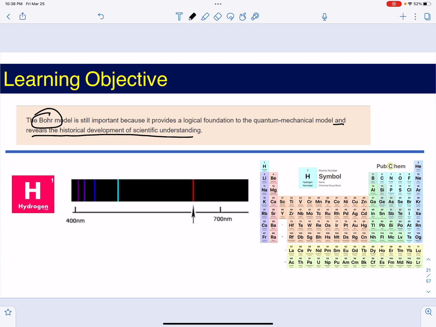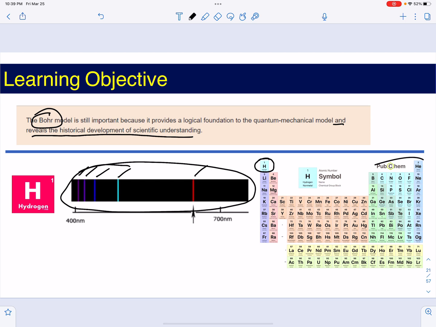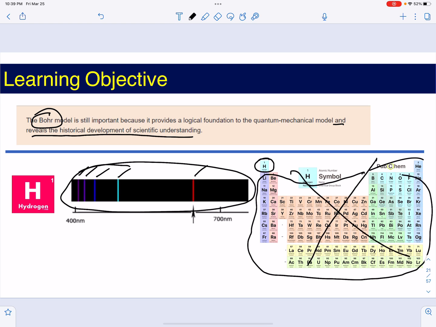So using the Bohr model, every one of those lines I can predict, which means I have a theory that matches reality. So I can use the Bohr model with hydrogen and it works perfectly with what we see on the line spectrum. The moment I move to helium and everything else, the Bohr model does not work.